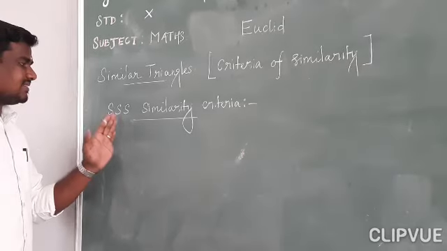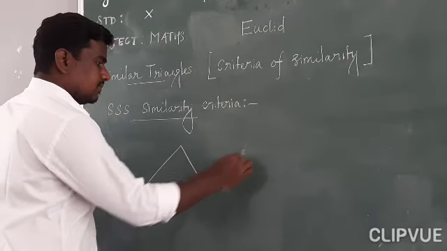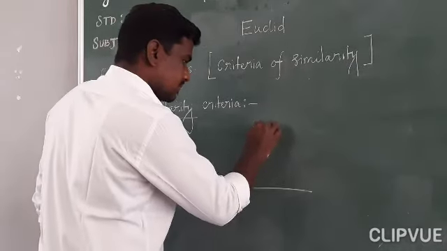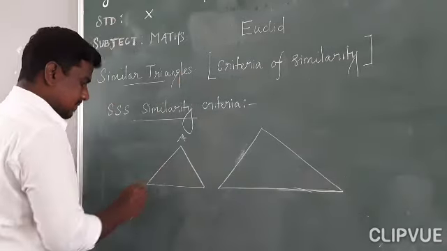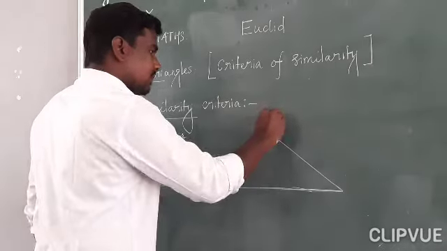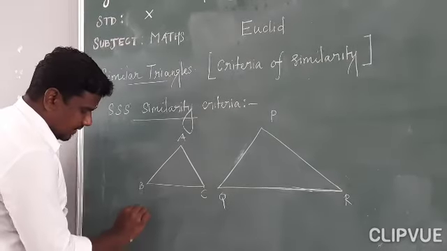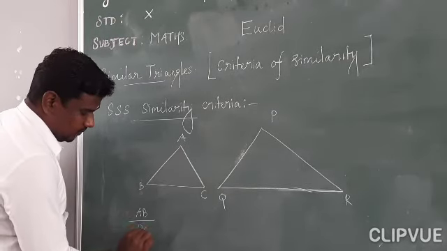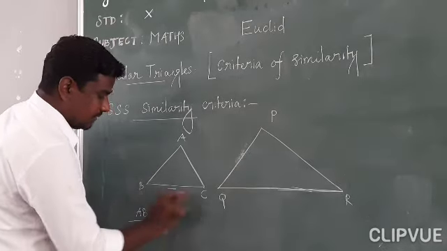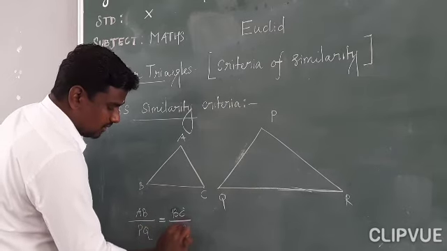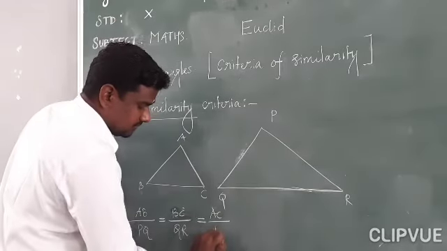The third one, side side side. Triangles ABC and PQR: AB by PQ equal to BC by QR equal to AC by PR.